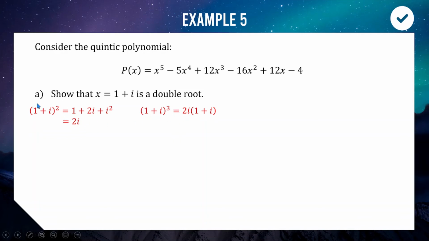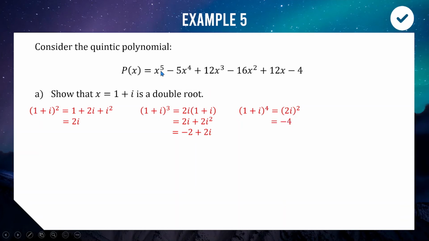So just multiplying the last answer by 1 plus i again gets us 2i plus 2i squared, so we get minus 2 plus 2i. Okay, now for 1 plus i to the 4, easiest way to do that is just take 1 plus i squared and square it again. So very clever. So we end up with 4i squared, so we end up with minus 4.